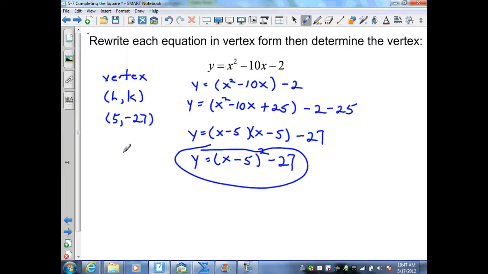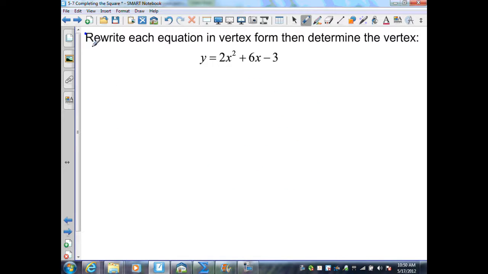And I know that my vertex is to the right 5 and down 27. And since this quadratic is positive, it will open up. Also, remember, since this is in vertex form, my vertex form has the minus sign here. To keep this a negative, my 5 has to be positive. Therefore, h is positive, and that's why it's 5, negative 27.